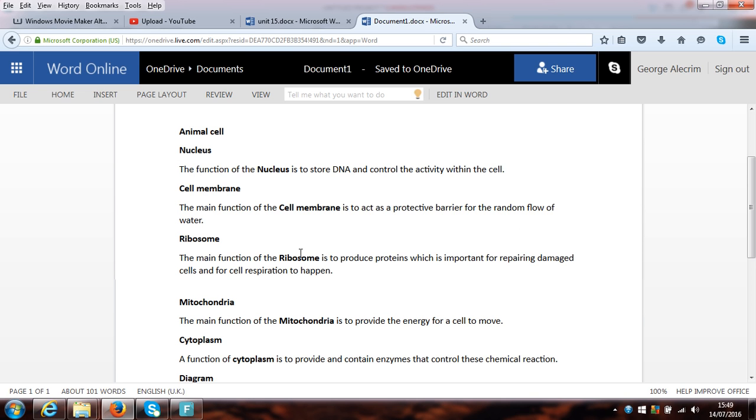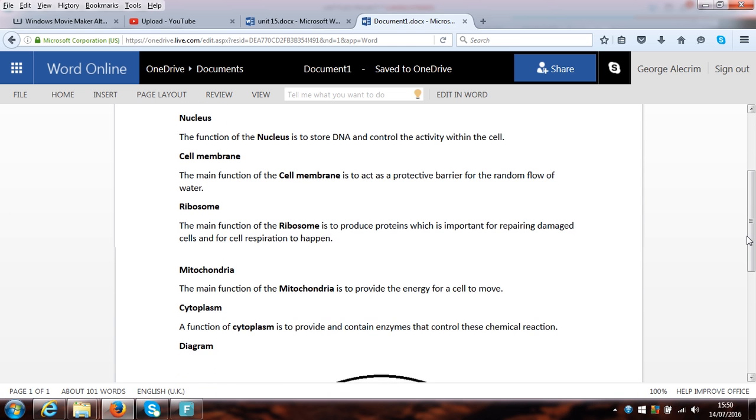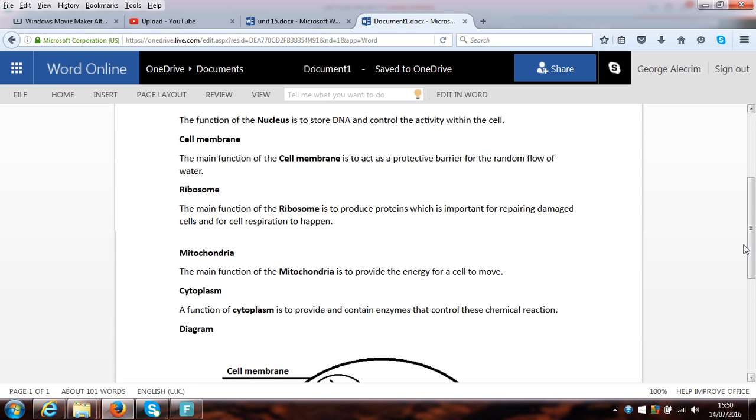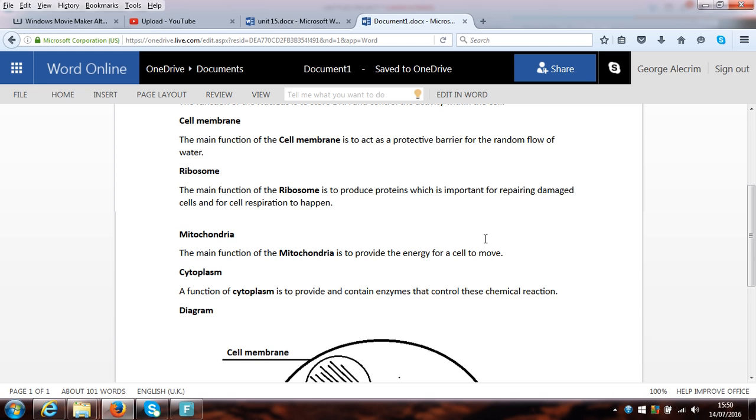The ribosome needs proteins, so when a cell is damaged, the ribosomes are there to save the day with producing proteins. The mitochondria is the organelle that provides energy for the cell to move. Everything needs energy. Without energy, how can anything be done?